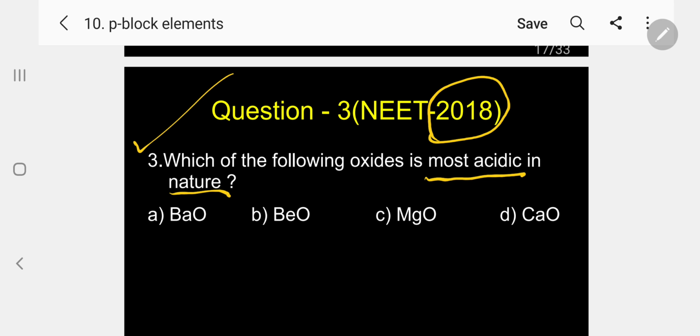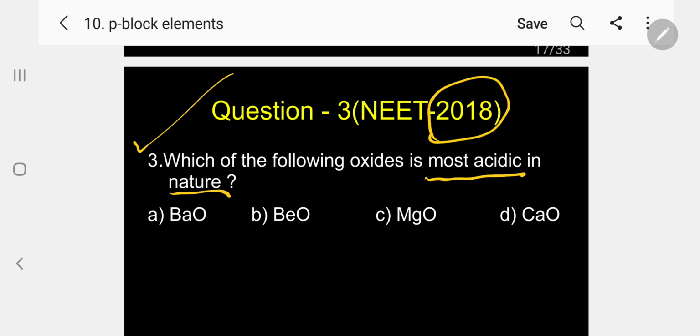The word is actually wrong, because if all four are acidic, then one among them being most acidic would be a reasonable question. Anyhow, I should not criticize the questions, but it is my duty to indicate the point. The question should be, which of the following oxides is acidic in nature?